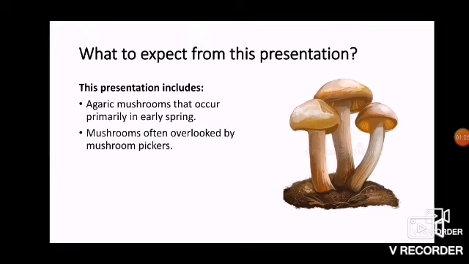If you recall from the terminology presentation, agaric simply means something with a stipe, a cap, and gills as a form of producing spores. And these, like I've mentioned, are often overlooked by mushroom pickers.